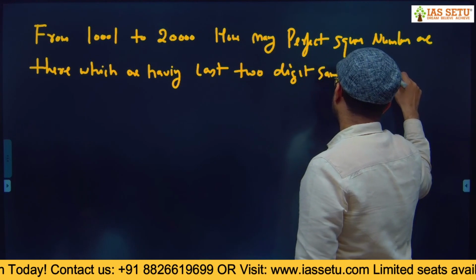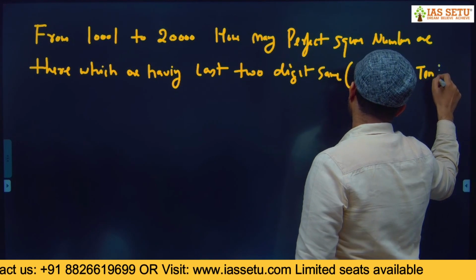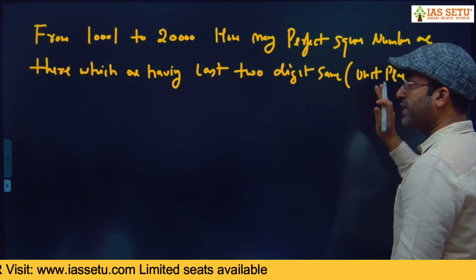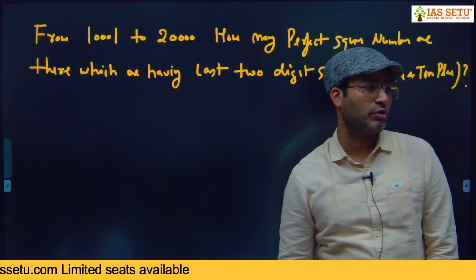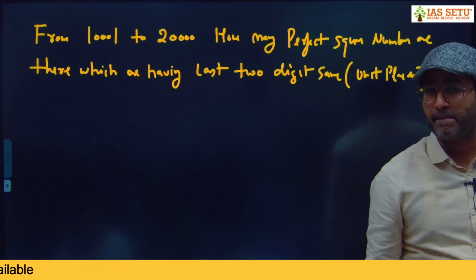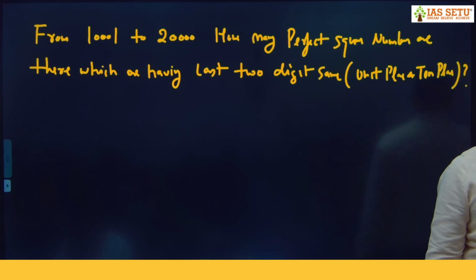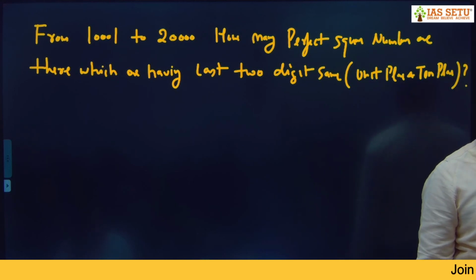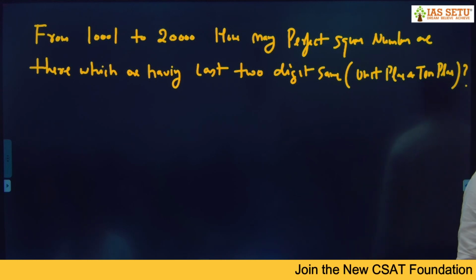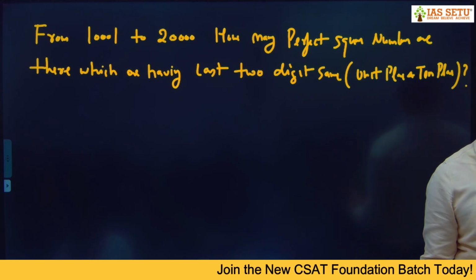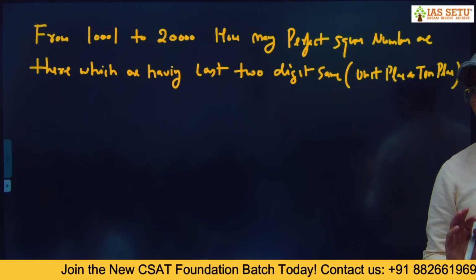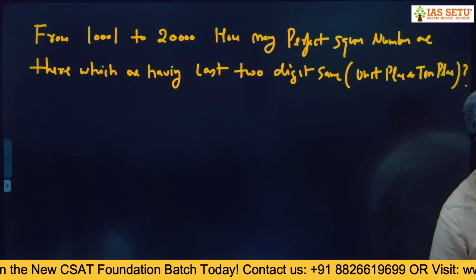In brackets, unit place and tens place. The range I have given is 10,001 to 20,000. Take your time, you can try. You have to start from 10,001. 00 or 44. You know when 00 comes, when 44 comes. No other possibility.